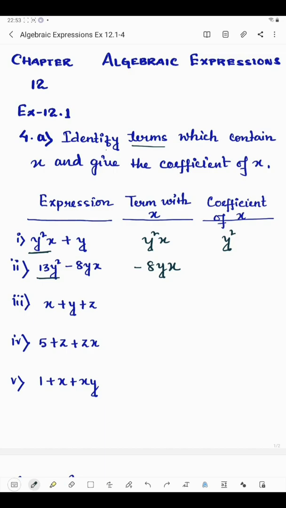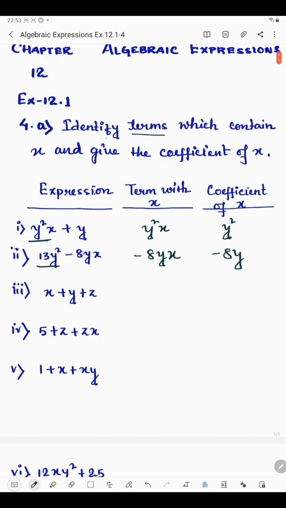Now we will be finding the coefficient of x. That means with x, what is present here? It's minus 8y. Since we have to find the coefficient of x, excluding x we take whatever is present with x. So it's minus 8y. Now in the third part we have x plus y plus z.